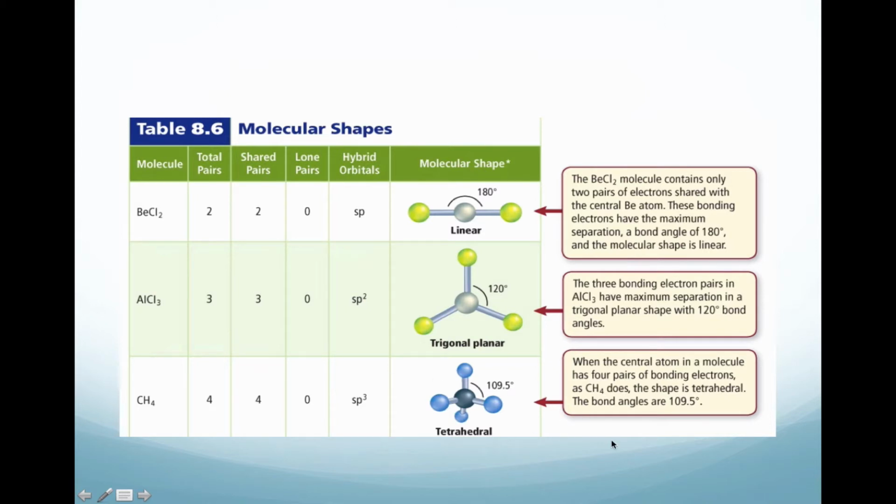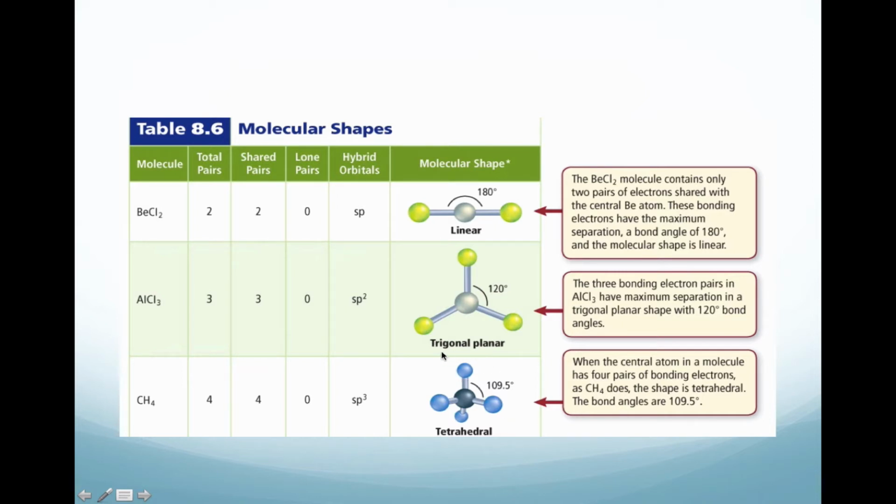This is actually from your book, page 263. Here they show you the different types of arrangement of atoms. If we're looking at linear, we have one central atom and two atoms opposite of it, and they form a 180-degree arrangement.